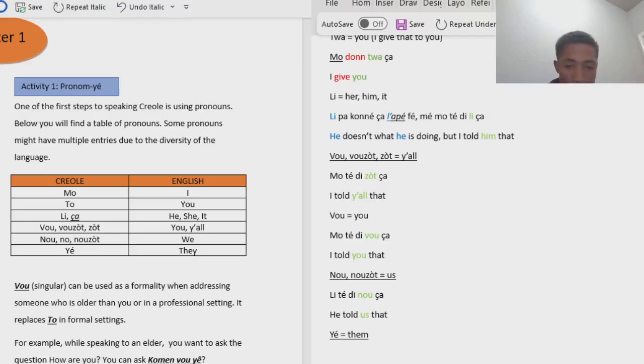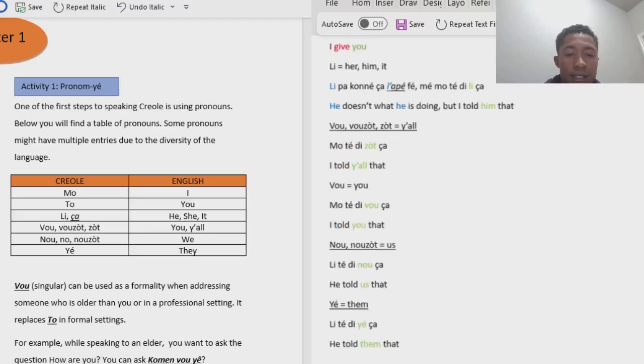So using the exact same sentence, il t'a dit ye ça. He told them that. Il t'a dit ye ça.